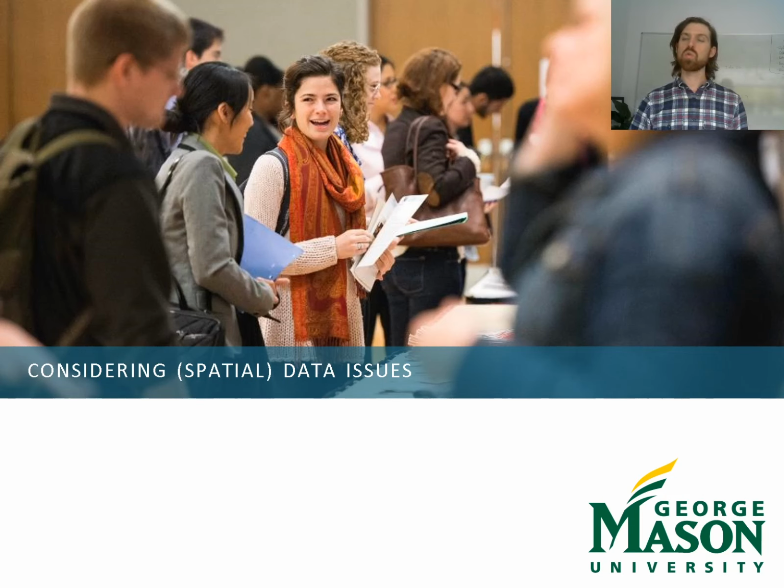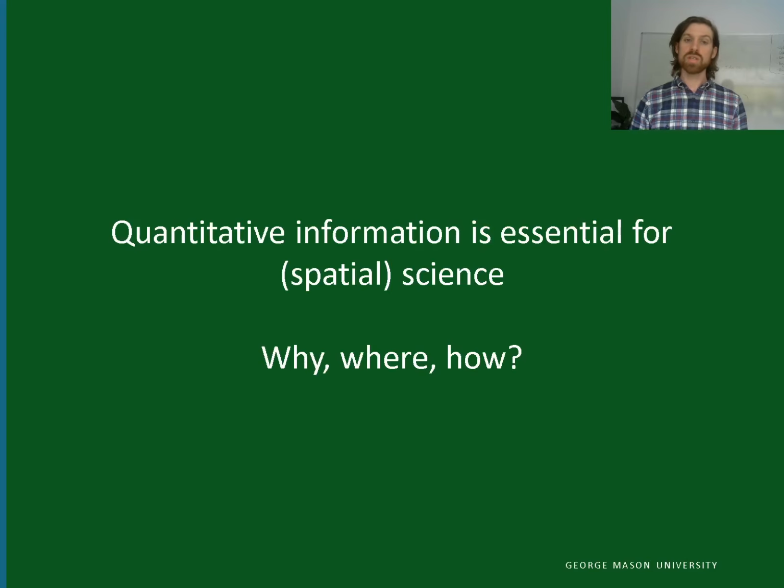Then the question is, what are the types of issues that you and I need to consider when we're doing research in the spatial sciences? We covered in the previous lecture that quantitative information is essential for science.